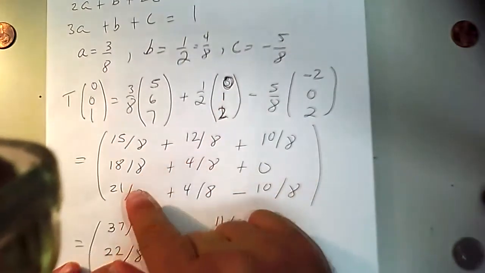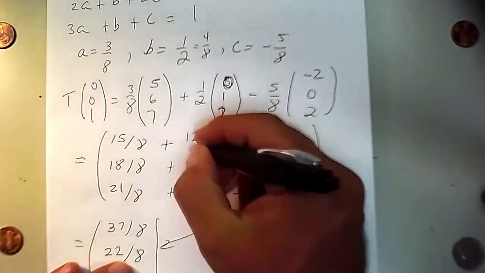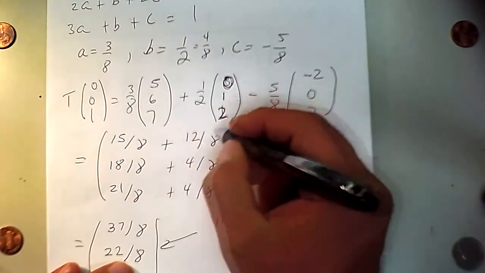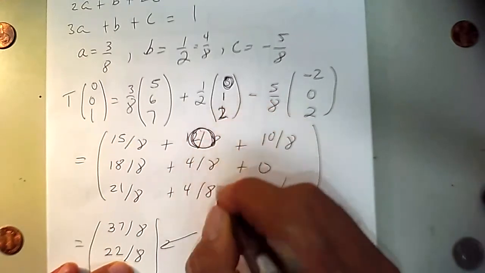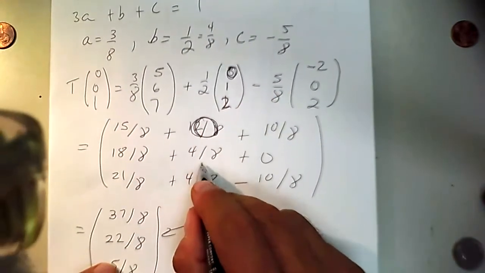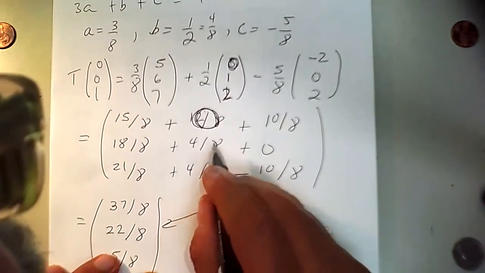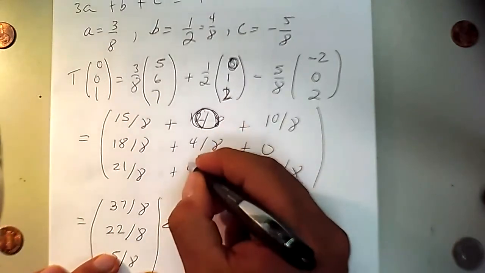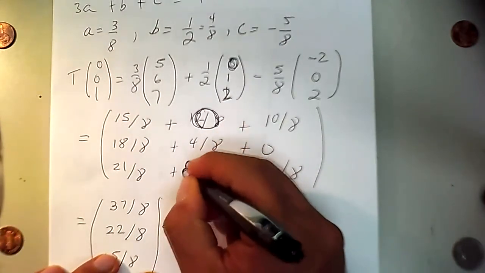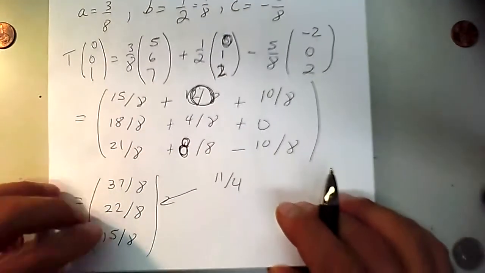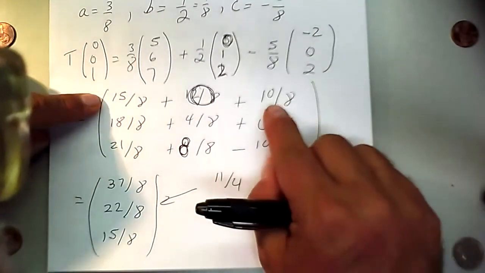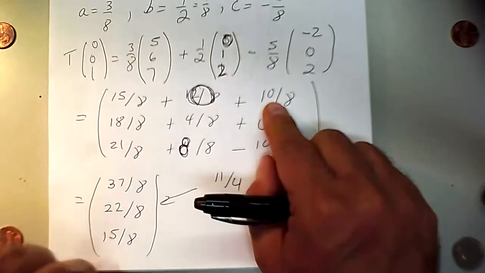Okay. So that is 0, 0. This one is okay because that was 1, and that should be 2. So that should be 8 eighths. Okay. 15 and 10 is 25, not 37.